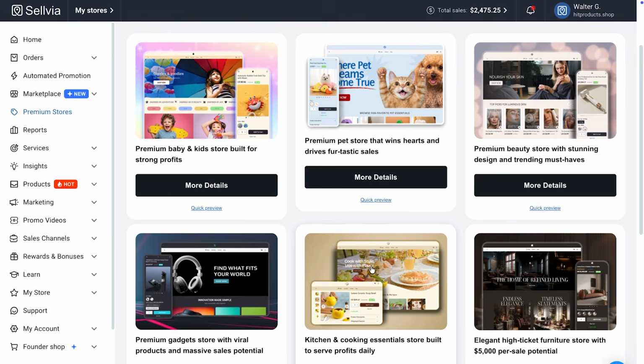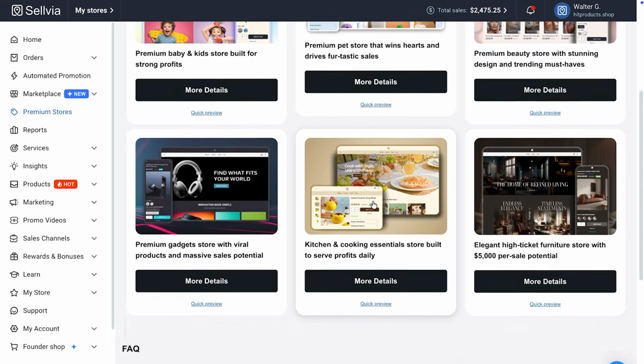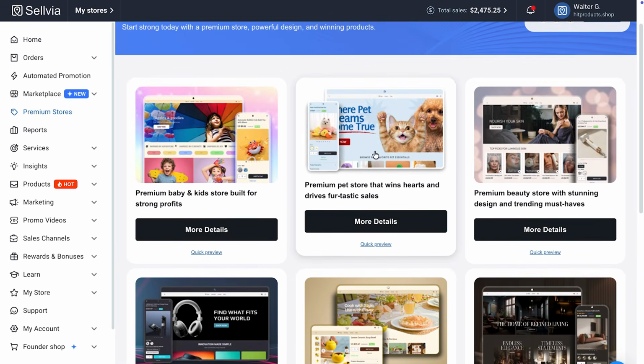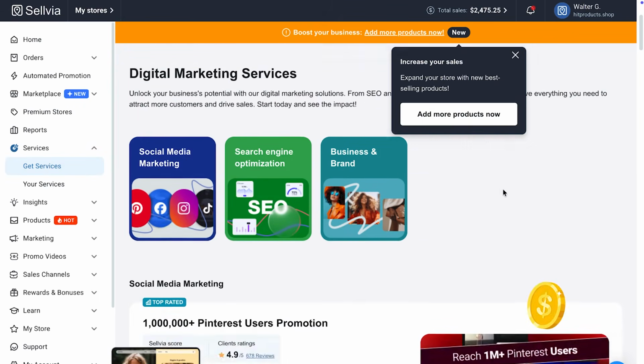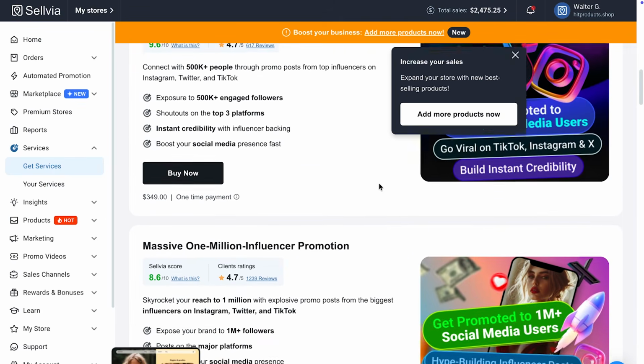Whatever niche you're interested in, you have the option of getting a store that's already pre-set up and ready to sell right from the very start. You launch the store and you're ready to sell. You also get a load of digital marketing services, different types of tools and stuff like that to help you with digital marketing.